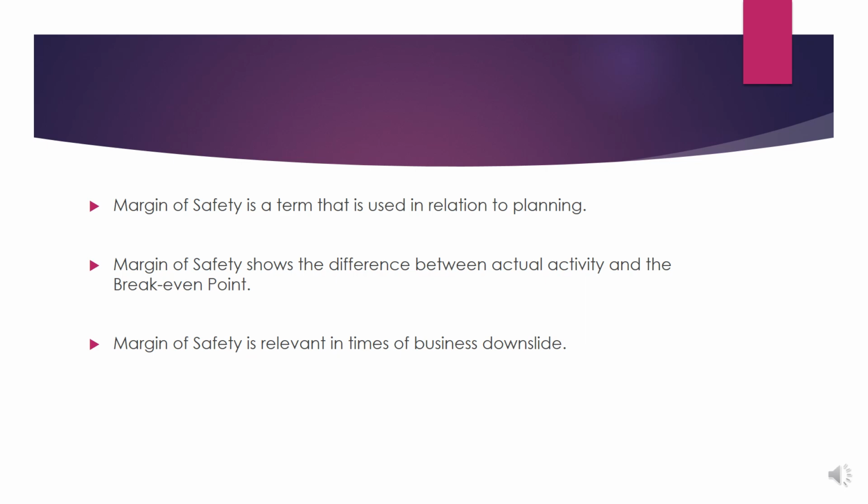And this tells us that in times of decline in business activity, this margin of safety becomes very relevant, and the businessman knows how much the business slowdown may occur, and he will still be in plus. That means he will still be making some money.